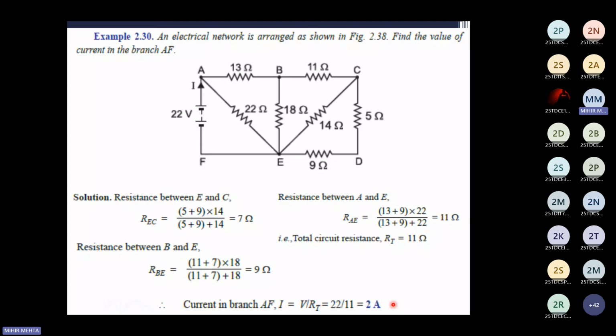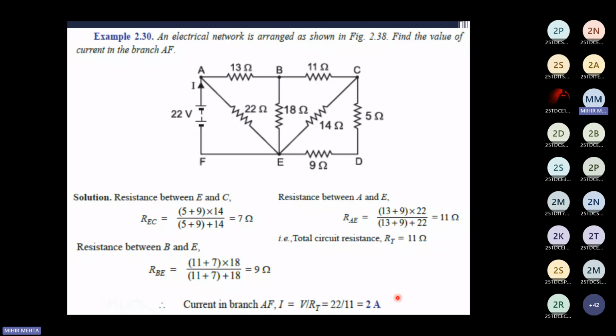So you can do such short calculations if it is asked for 2 marks. But if the same question is asked for 7 marks, you'll have to draw the diagrams at each and every step so that the examiner understands and it is justifiable to give you the complete marks.